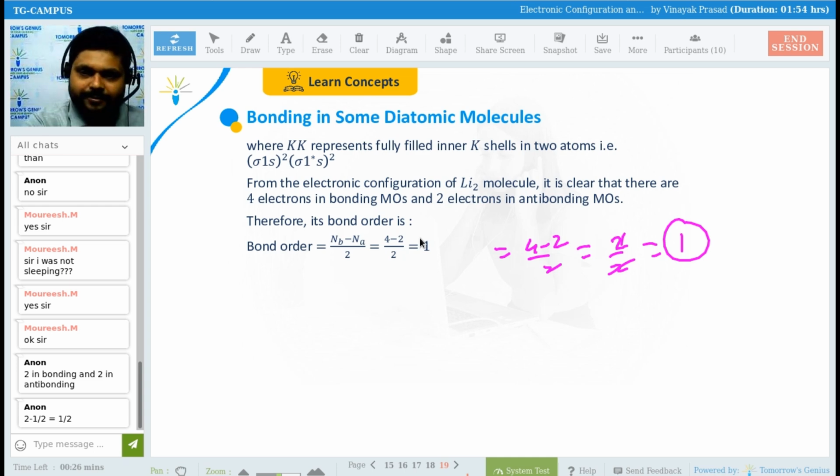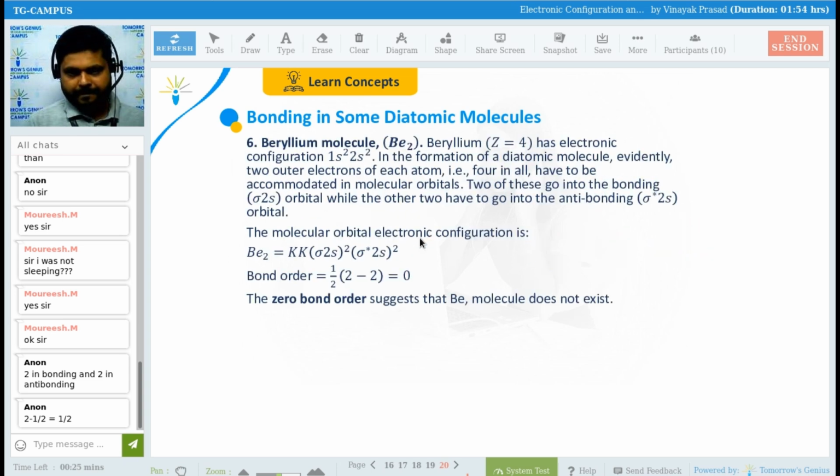Now, come to the next point. The sixth example is the beryllium molecule, Be2 molecule, right? See, the atomic number: hydrogen, helium, lithium, beryllium, 4th number. So the electronic configuration is 1s2 and then 2s2.